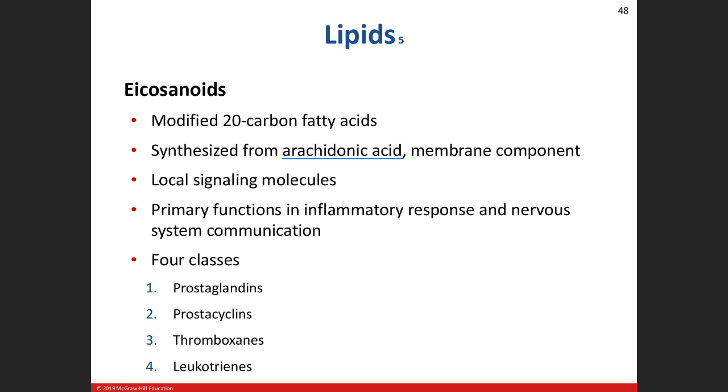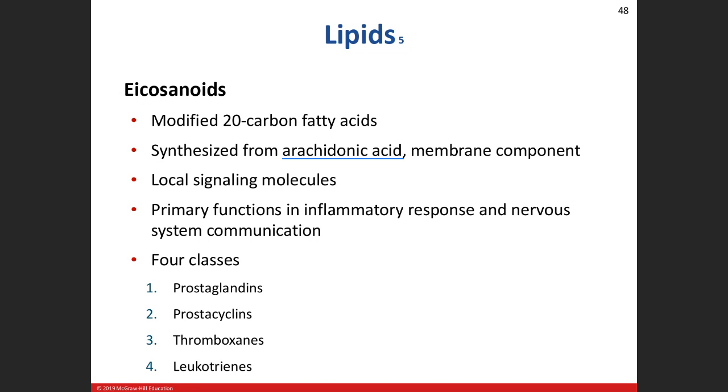And what will happen is when you get damage to these plasma membranes, those phospholipids, well, there's an enzyme called phospholipase A2, and that enzyme breaks down these phospholipids into arachidonic acid, and that arachidonic acid will undergo a series of chemical reactions.